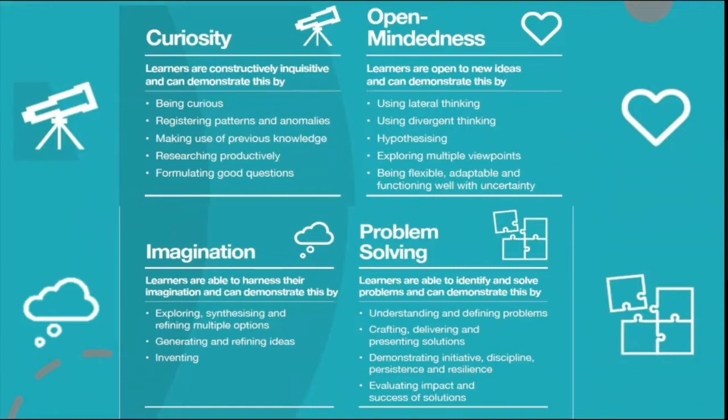We found that these 4 terms really help people to grasp quickly what creativity is, and they can quickly see that they absolutely embed that in their work, and this is a key part of their teaching and learning. But we have found it's really helpful and important that we talk about these skills with our learners so that they are aware of what their creativity skills are, and they're talking about them, and it's part of the dialogue between teacher and learner.